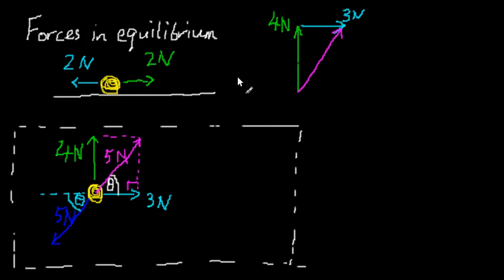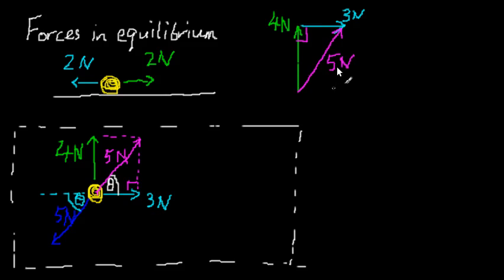Since that's a right angle, in this method we can use the same Pythagoras theorem and find that this is 5 newtons. And then we can also find the angle here or there.